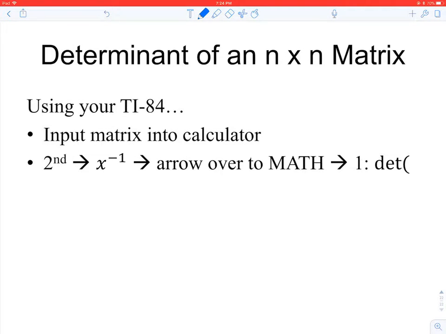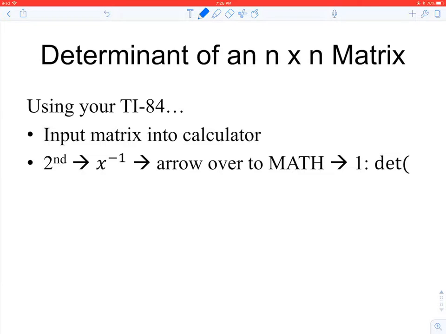Now, for finding the determinant for any larger n by n matrix, you probably want to use your calculator. So you can input the matrix into your calculator. You guys already know how to do that. And then you want to call up the matrix menu and then use the arrow key to go over to the math menu. The same list where you found RREF, reduced row echelon form.